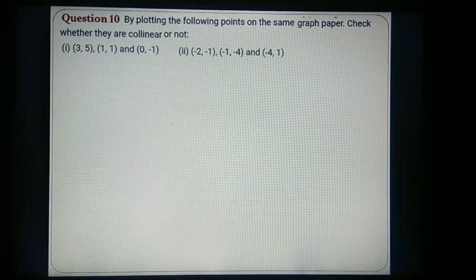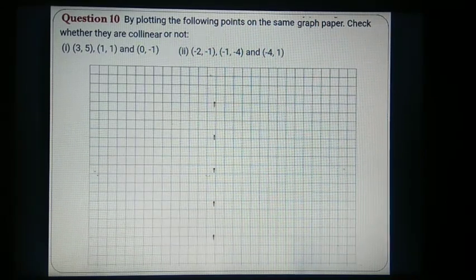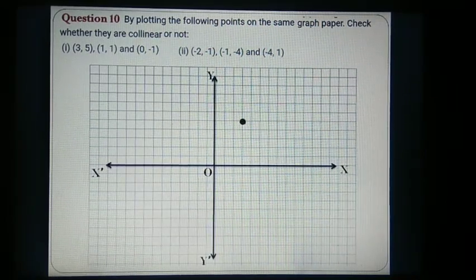Okay, so next is by plotting the following points on the graph paper, we need to check whether the points are collinear or not. Now the collinear means whether the points are lying on the same line or not. If the points are lying on the same line, then the points are said to be collinear. Now we'll see the problems to understand it better. So take the graph paper and as usual we will plot the given points.